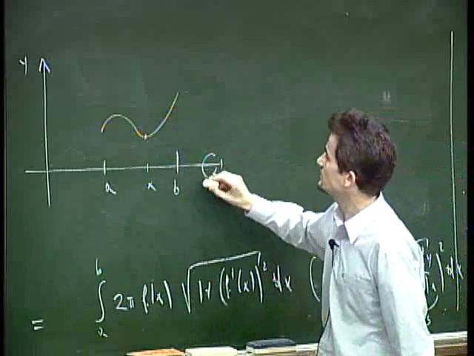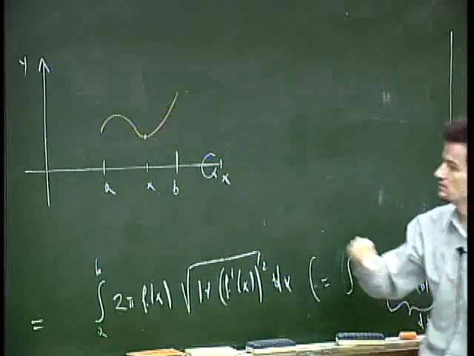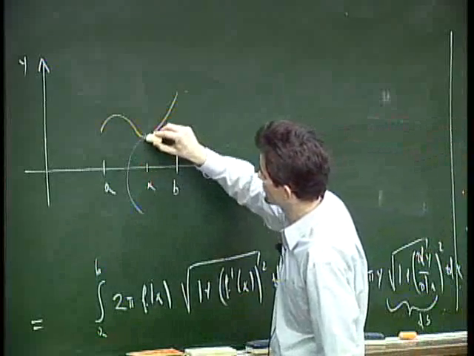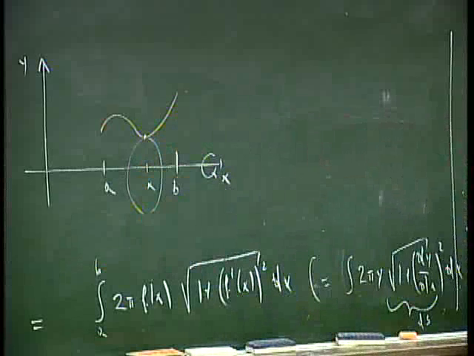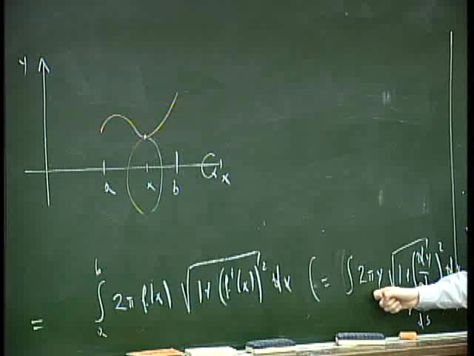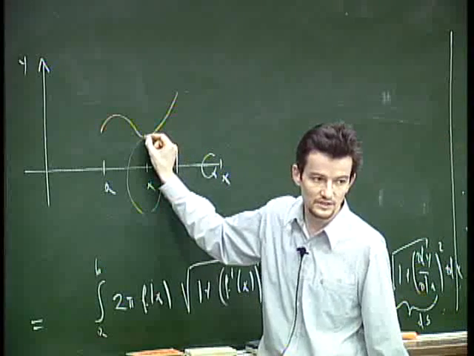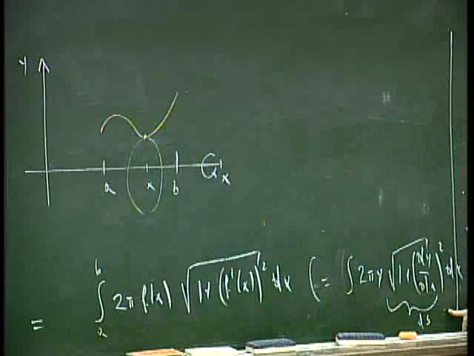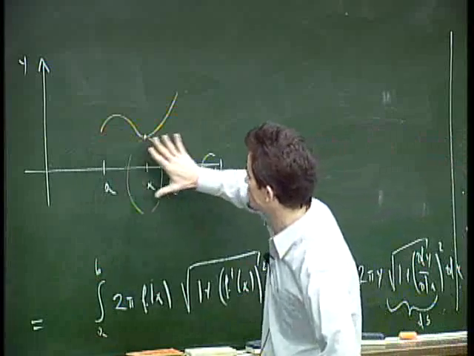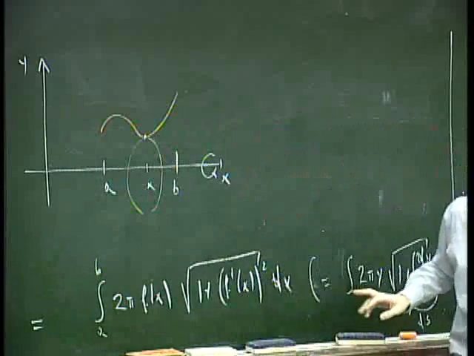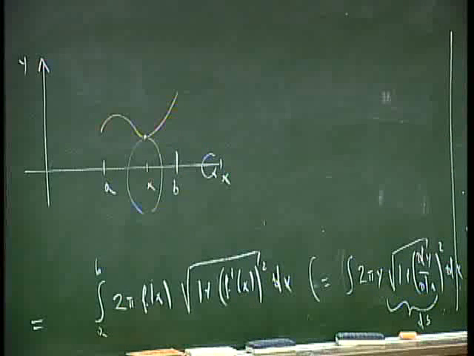So the path which this point traces out is a circle. Now the circumference of this circle is 2 times pi times y. And for adding up, you have to use the thickness of this circle, which is given by the arc length element. So this is how you can memorize this formula. What you do is you're just adding up circumferences of those circles, but you have to take into account that the thickness of the circle is given by the arc length element.